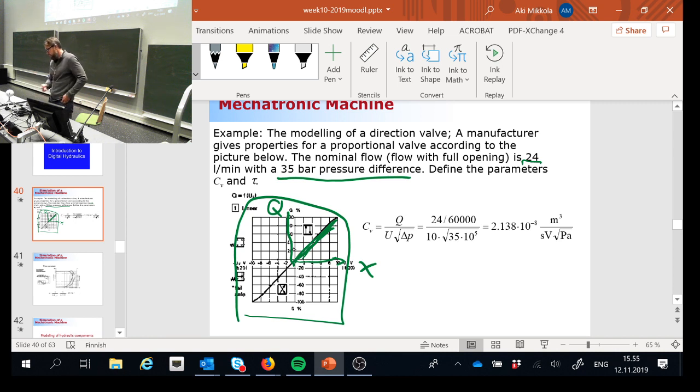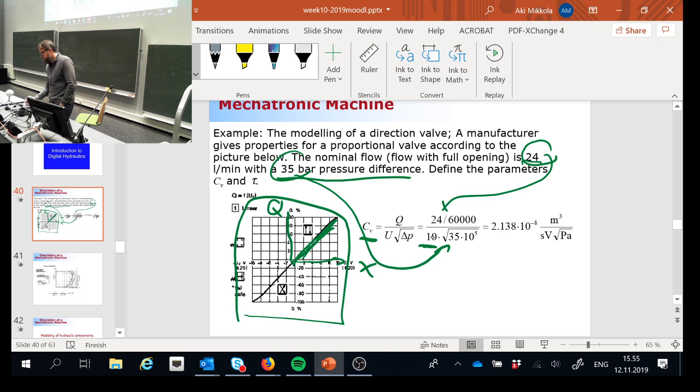With this information, 25 liters per minute, 35 bars and full opening, which is considered a 10 volt signal as defined earlier in the catalog, I can compute my semi-empirical parameter.